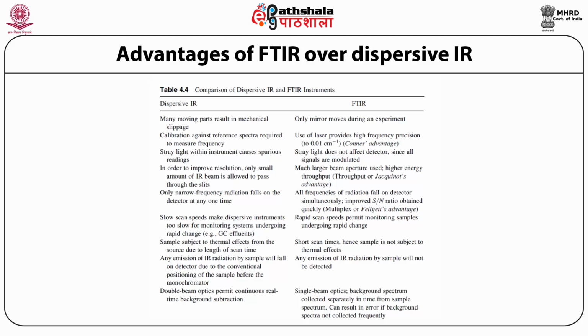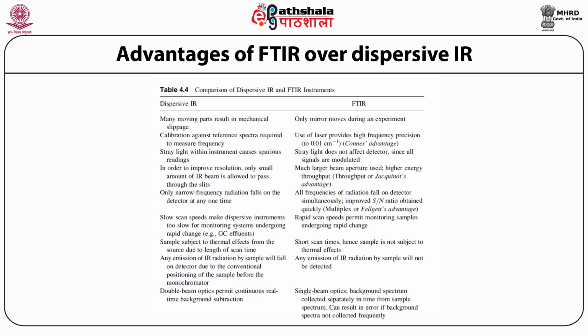But in FTIR, the use of a laser provides high frequency precision, on the order of 0.01 per centimeter. That's the Connes advantage. In the dispersive IR, stray light within the instrument causes spurious readings. However, in the case of FTIR, stray light does not affect the detector since all signals are modulated.